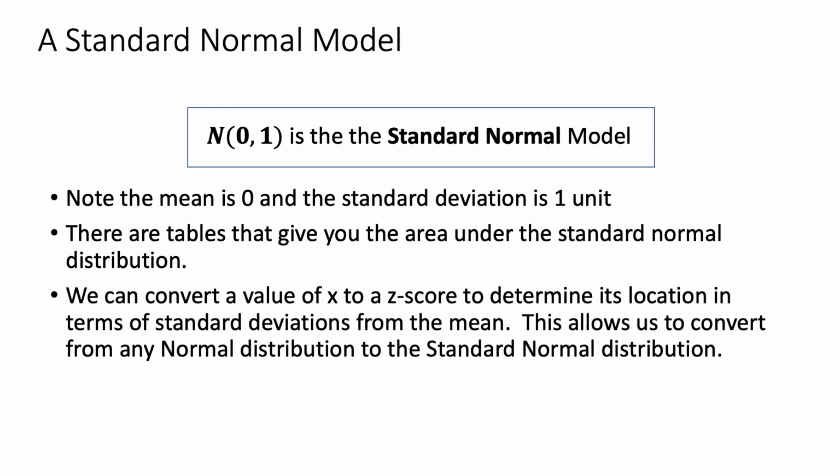So given any normal distribution that's not the standard normal distribution, I can convert a value to a z-score to determine its location in terms of standard deviations from the mean. That allows us to convert from any normal distribution to the standard normal distribution using the formula z equals x minus the mean over the standard deviation.